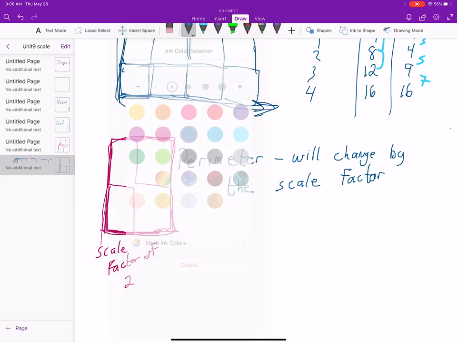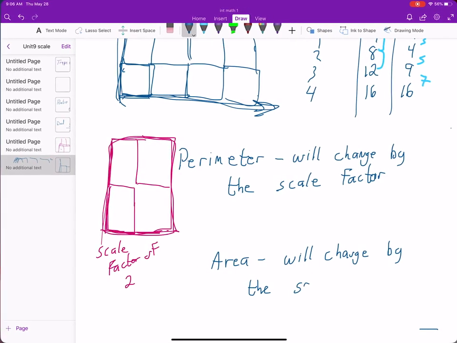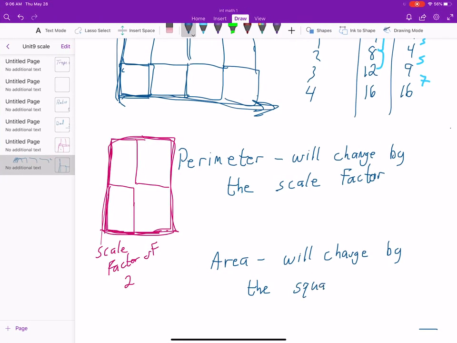But area, on the other hand, doesn't work that way. Area will always change by the square of the scale factor.